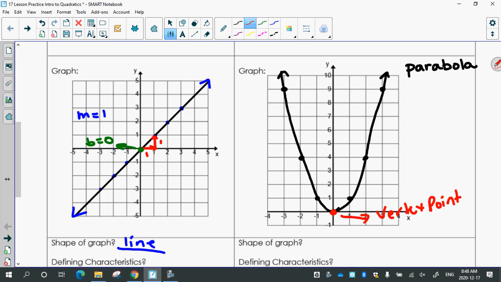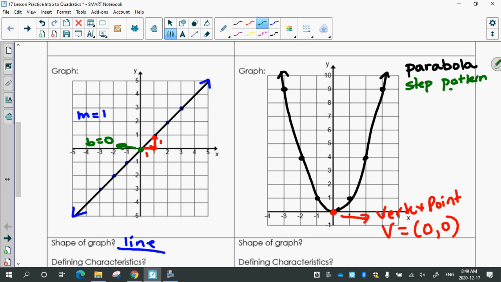In this case, we usually use capital V for vertex. And the coordinates of the vertex for the very simplest parabola are 0, 0. Okay? It also doesn't have a slope. The only thing similar to the slope we call the step pattern, which is kind of a weird thing to call it.